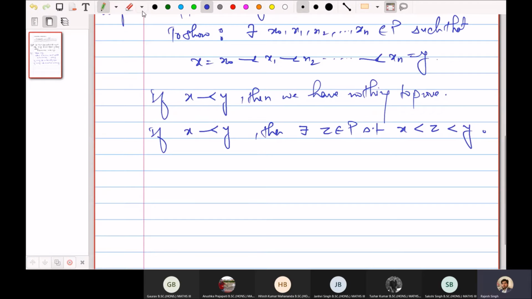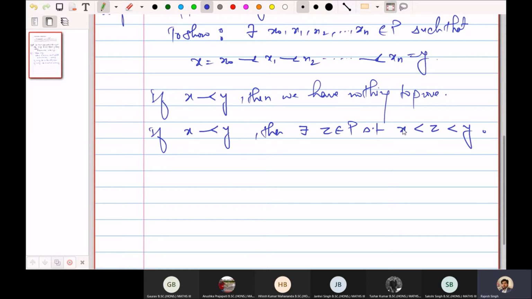Don't call it z. Okay, so z. So if x is not covered by y, then there exists some z which lies between x and y.